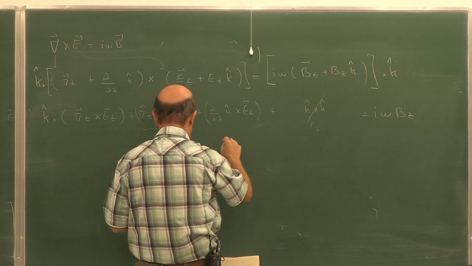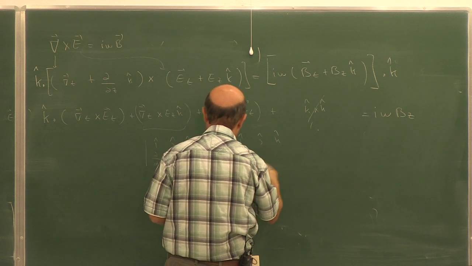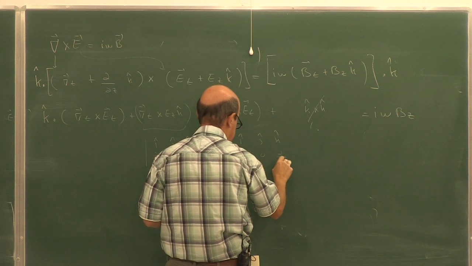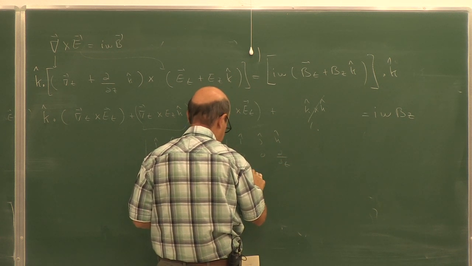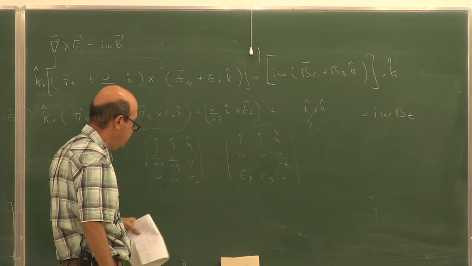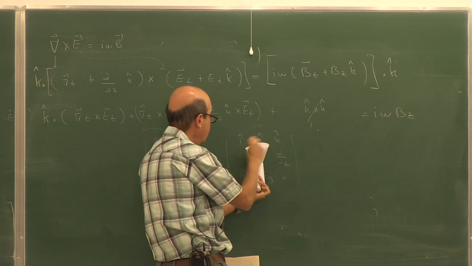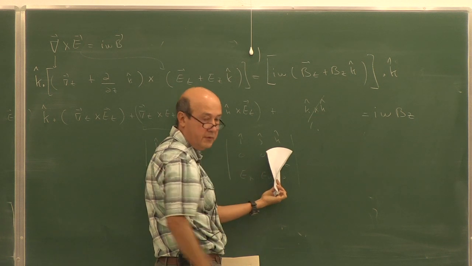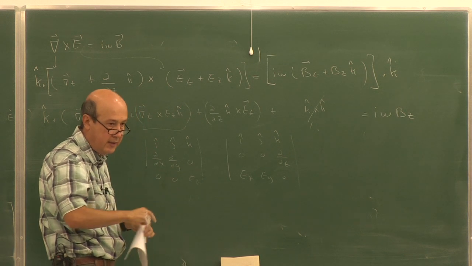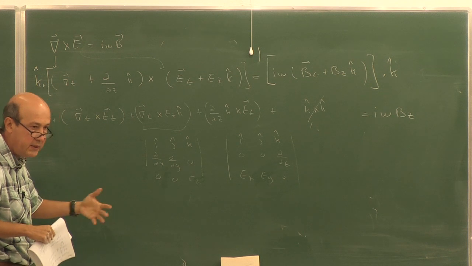And if you look at this one, what are you going to obtain? You have the same structure here, i, j, k, and 0, 0, del over del z, Ex, Ey, 0. Which component will survive? The I component will survive, the J component will survive, but the Z component will be 0. So this is again along the xy direction, and the scalar product with Z will be 0.